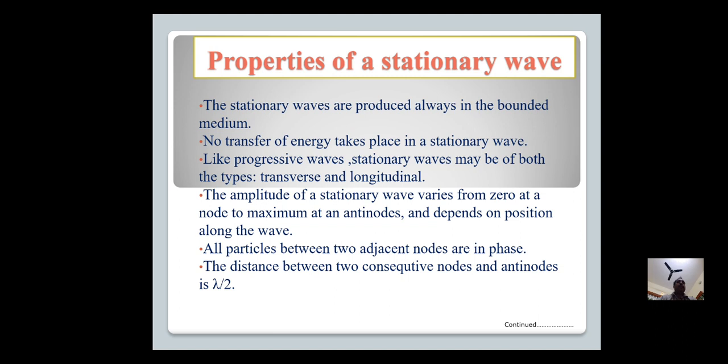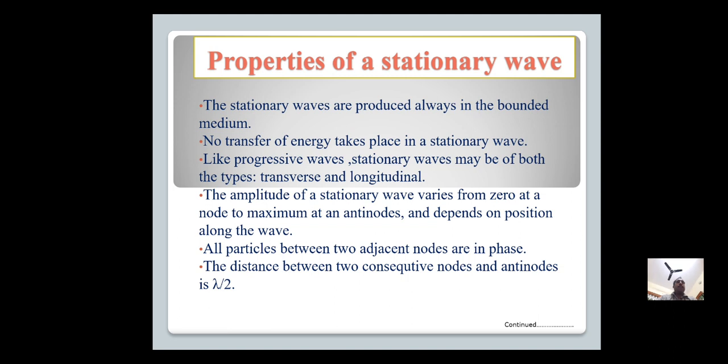Therefore, the net transfer of energy is zero. It forms nodes and antinodes. All particles between two adjacent nodes are in the same phase.